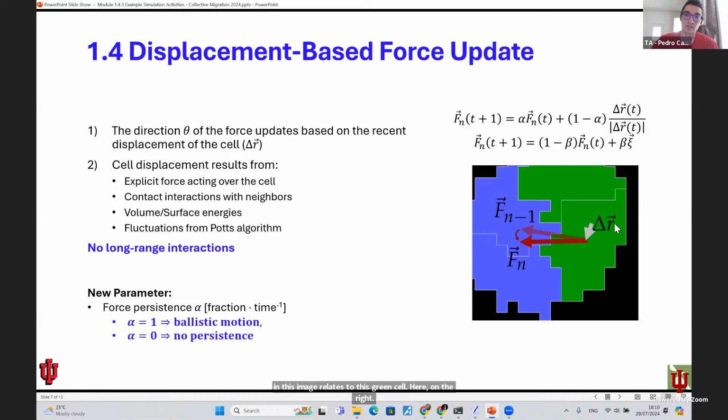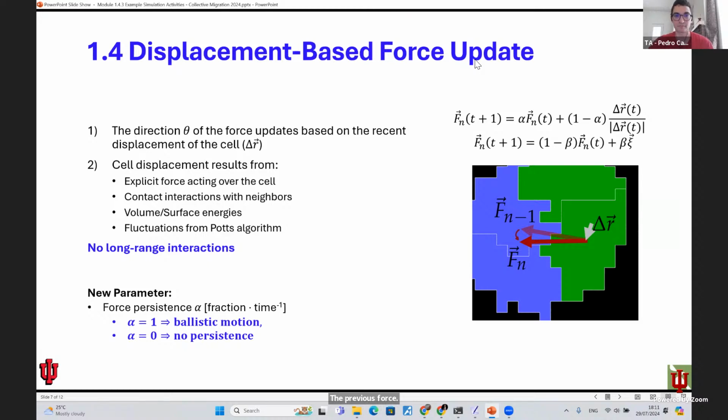Delta R is the displacement of this particular cell. Fn minus 1 is the past force applied over this cell, and Fn is the current force applied over this cell. And Fn, as the equation says, is the previous force, Fn minus 1, plus the contribution of the displacement.